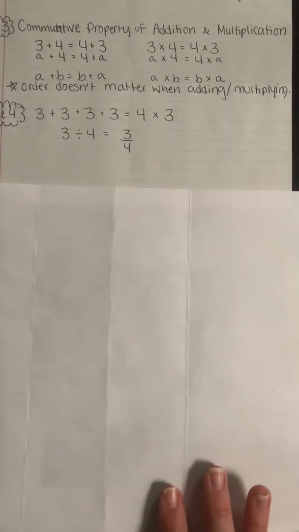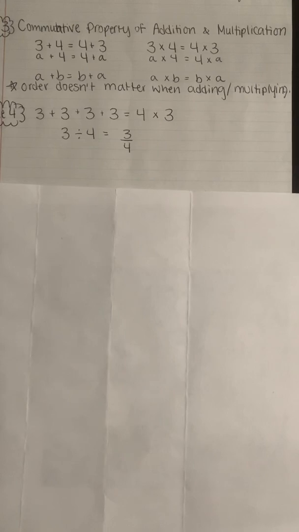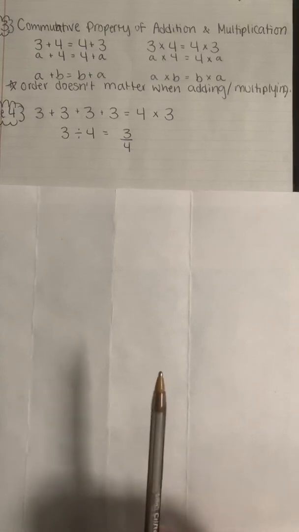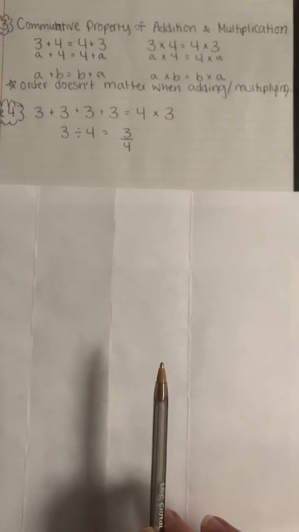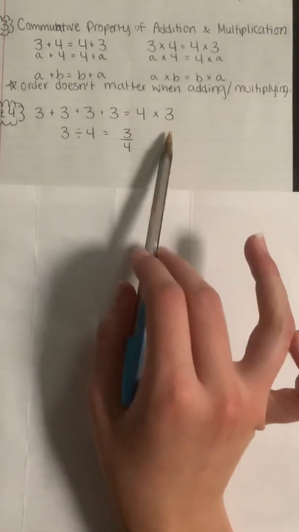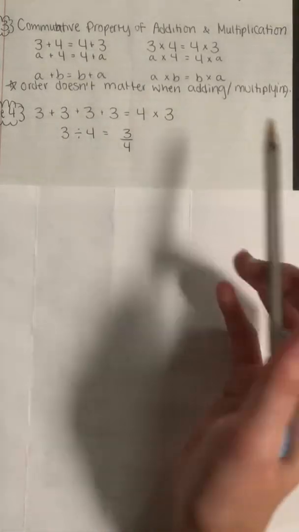And example 4, we're going to ask a different kind of question. So if I replace all of these 3's that we see with the letter A, let's see what happens.